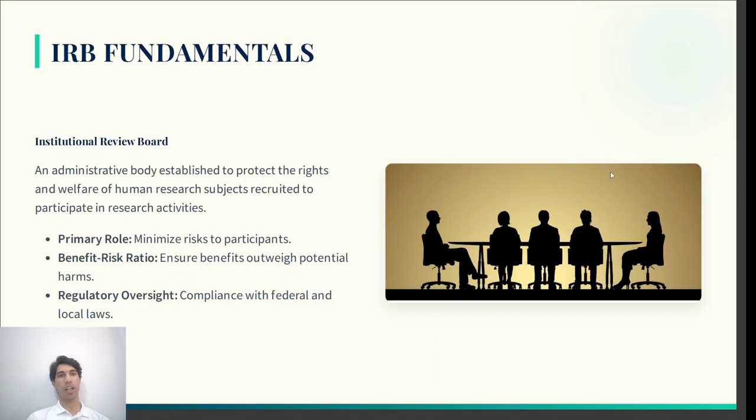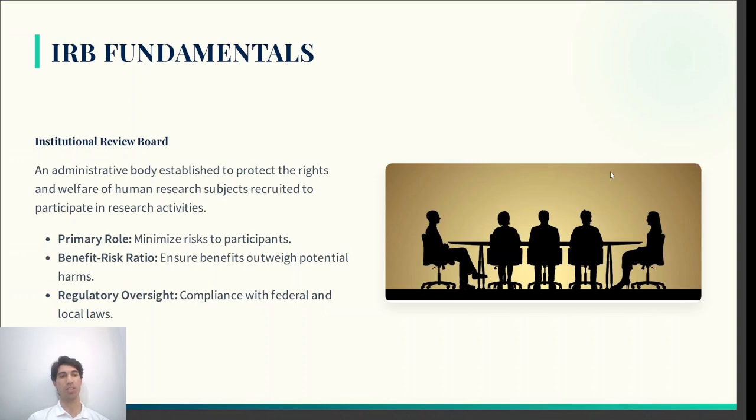First of all, the IRB fundamentals. IRB stands for Institutional Review Board. It is an administrative body established to protect the rights and welfare of human research subjects. This is for when the subjects of our research are humans, and when humans are recruited to participate in research activities.